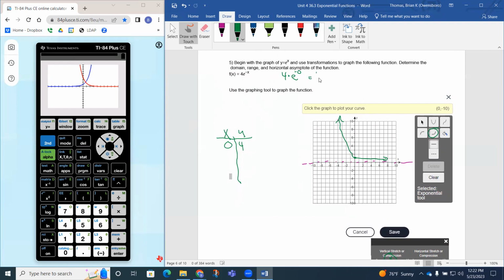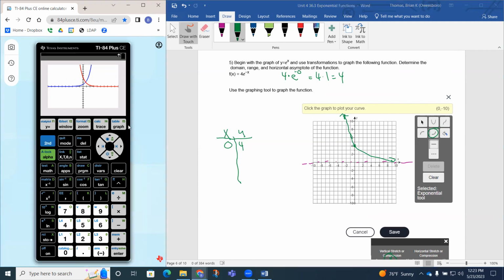E to the 0 is 1. 4 times 1 should be 4. So this should not be at 0, 1, but at 0, 4. So the vertical stretch does happen there. And notice that the graph is a little bit steeper as well. But notice how it also comes down and still approaches the x-axis. So my graph is not that big of a difference, but I should have 0, 4 as a y-intercept.